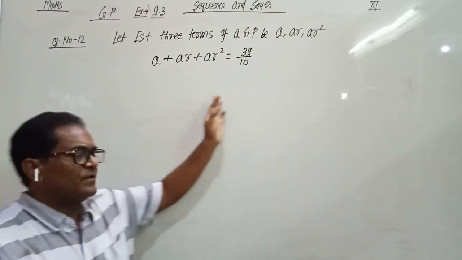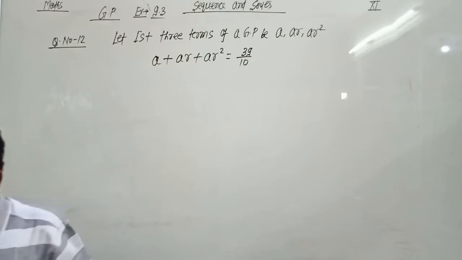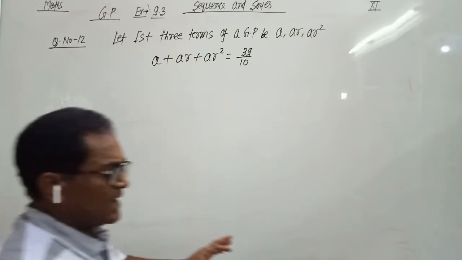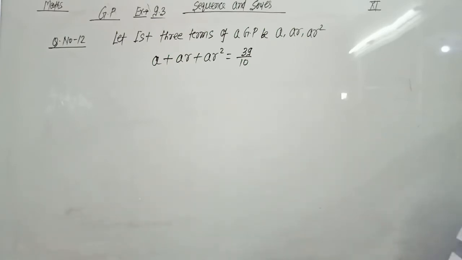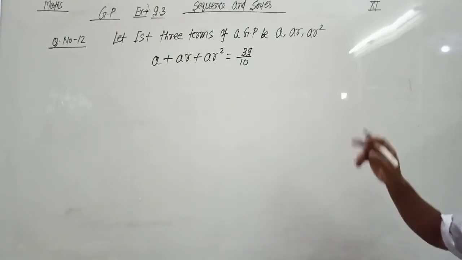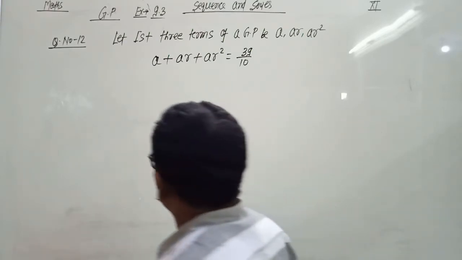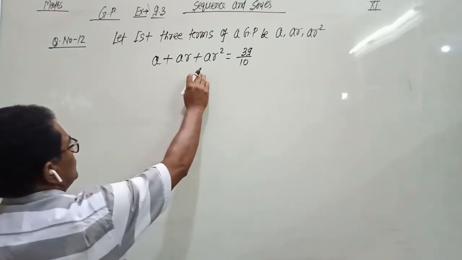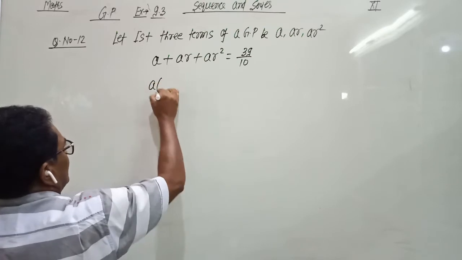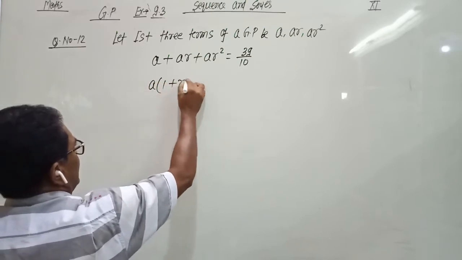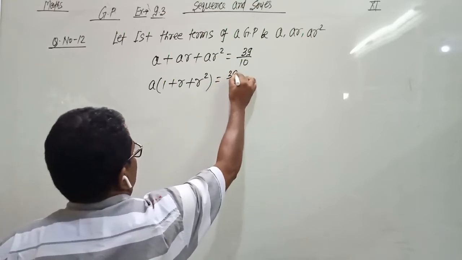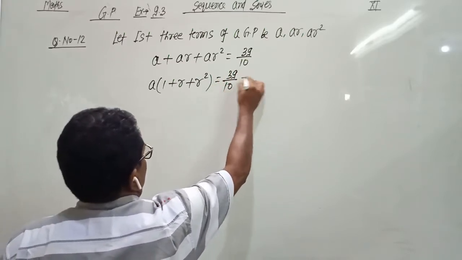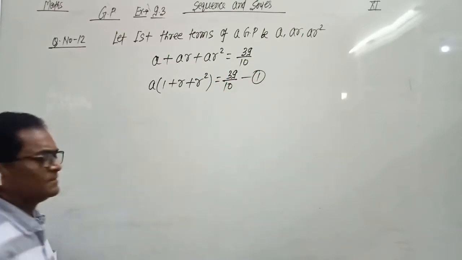The sum of the first three terms of the GP, A, AR and AR square, is 39 by 10. There is a common A, so A into 1 plus R plus R square equals 39 by 10. This is the first equation.